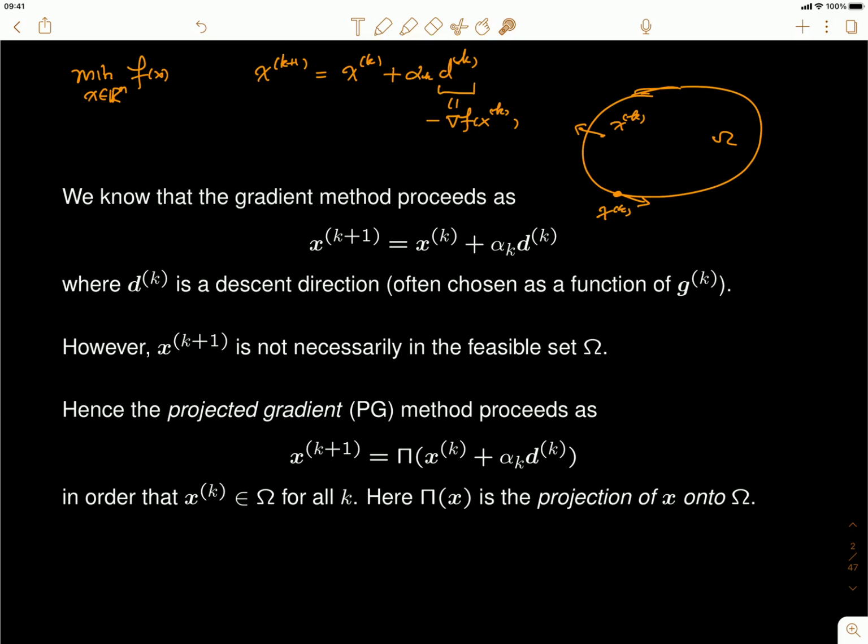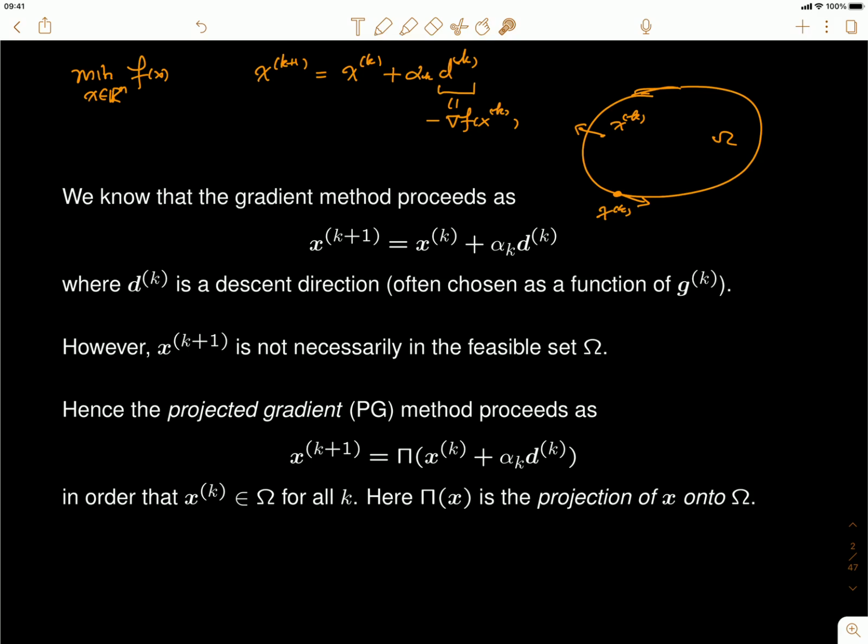This method is called the projected gradient method, or PG. If you do gradient descent for this step, for example, if you choose this to be negative gradient, then you do the projection after this gradient descent step, it's called projected gradient descent. But generally, if you just set up this way, it's called a projected gradient method.